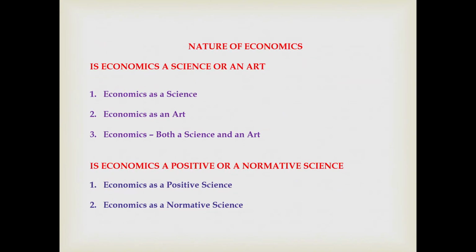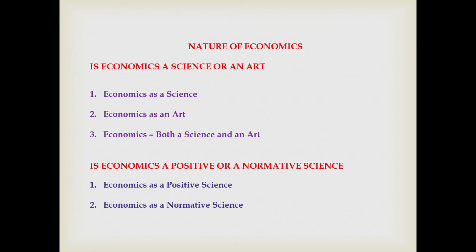Next, nature of economics. Nature of economics implies whether it is a science or an art, or both science and art. On the question whether economics is a science or an art, there are different views.